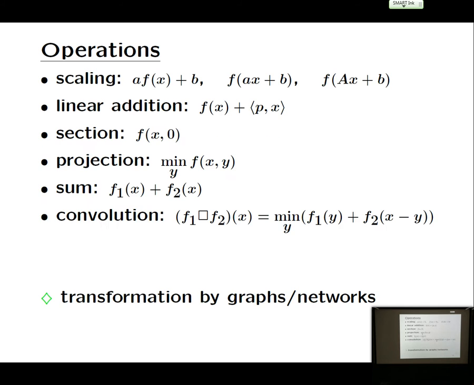Now, what operations can be done? We have already talked about addition, the sum. And convolution. But today, I would like to concentrate on transformation by graphs or networks because of the time.